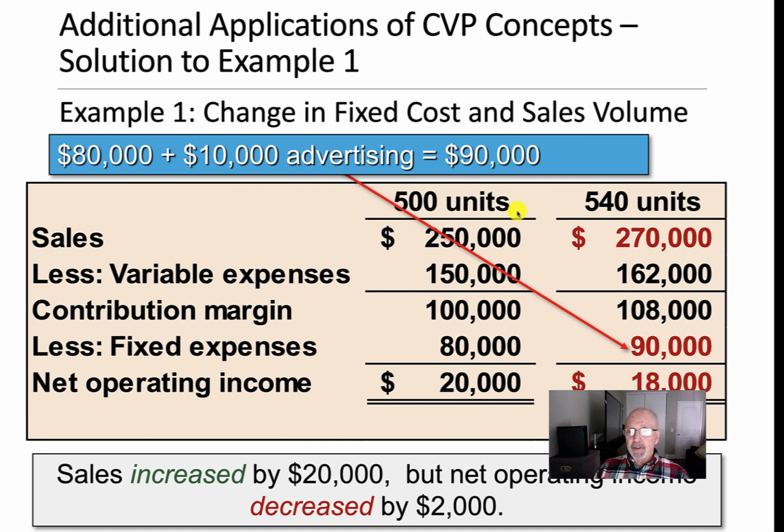Now, we could have figured this out another way. We know that we have a contribution margin per unit of 200 bucks, right? So 200 times 40 is $8,000. If we're going to increase our contribution margin by 8, but we're increasing fixed expenses by 10, that obviously makes no sense.